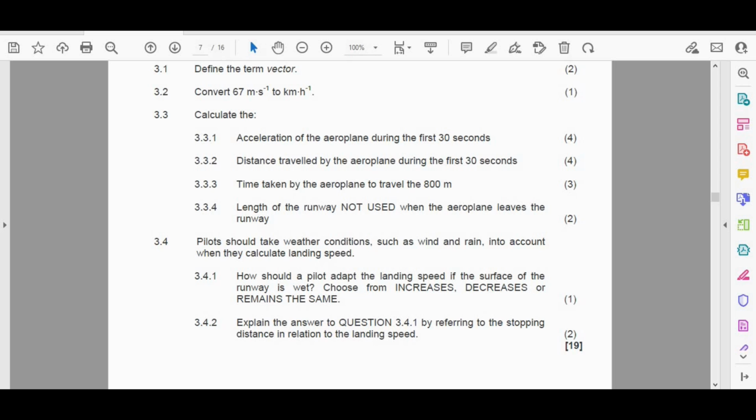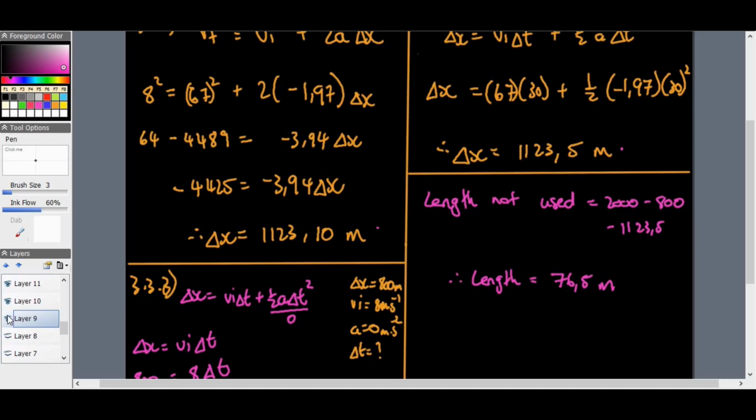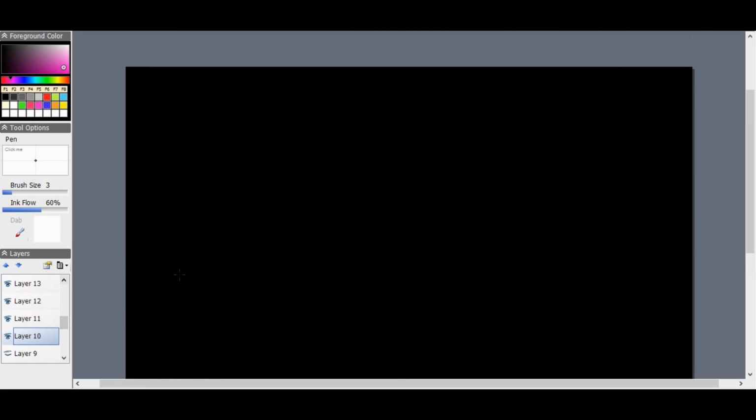3.4.2. Explain the answer to question 3.4.1 by referring to the stopping distance in relation to landing speed. This is a bit of a mouthful, so let's go ahead and take it down. For 3.4.1, we chose decreases.